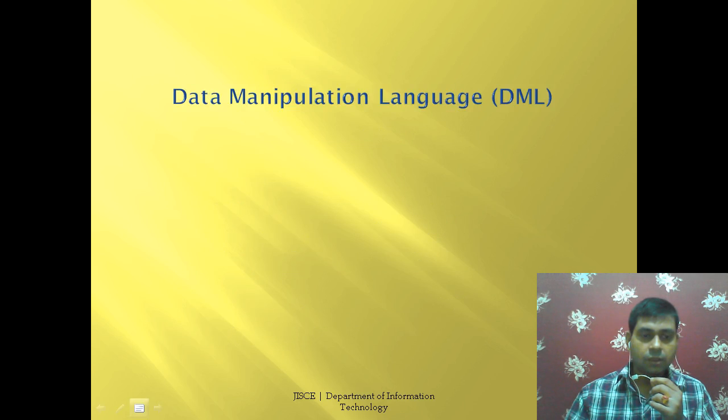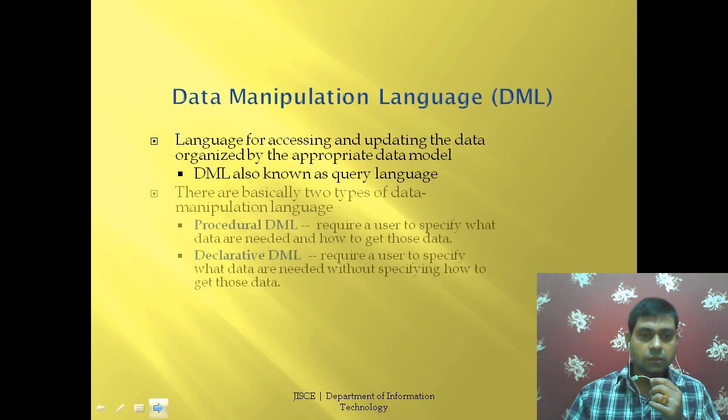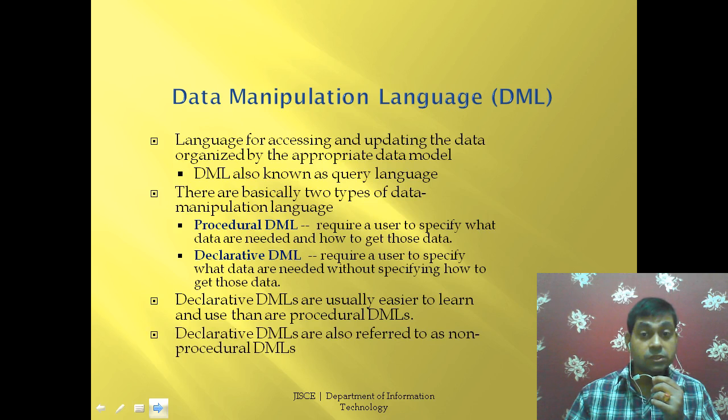Now coming to the concept of data manipulation language. There are two types of data manipulation languages: procedural and declarative. Procedural DML requires a user to specify what data are needed and how to get those data, and declarative DML requires a user to specify what data are needed without specifying how to get those data.